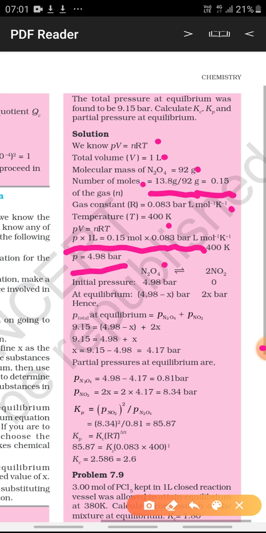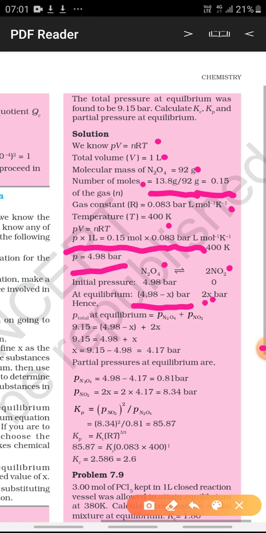Now we got the initial pressure of N2O4. The initial pressure of NO2 is 0 because at that time no quantity of NO2 exists. Now at equilibrium, X is the pressure of NO2. Now as we have the stoichiometric coefficient 2, we'll multiply it with 2.